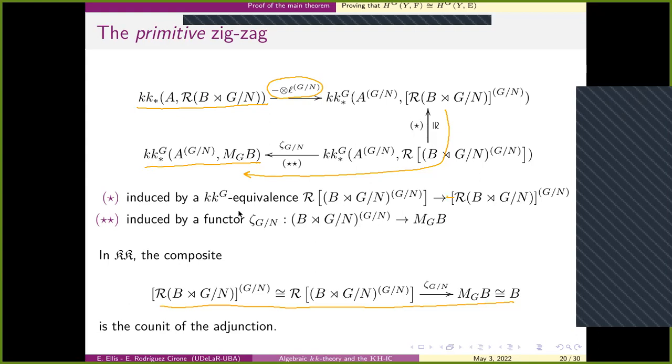That map can be proved to be a KKG equivalence, and that's why this is an isomorphism. And here, zeta G mod n, that's a functor of linear categories. Here we are considering this algebra as a category with only one object.